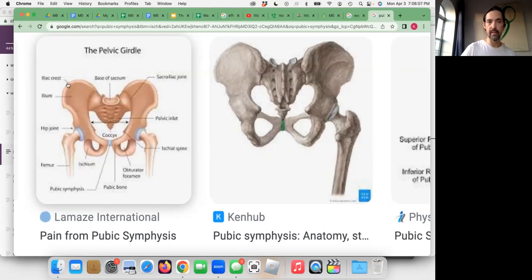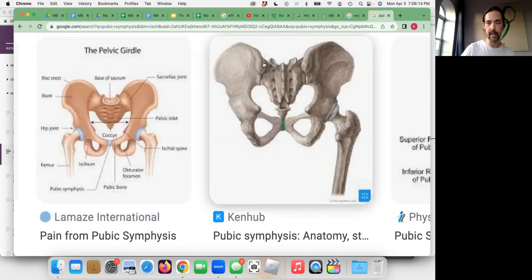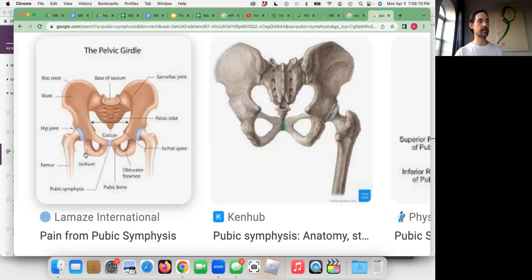On the top, you have the ilium, which has the iliac crest, anterior iliac crest and posterior iliac crest. And then on the bottom, you have the ischium, like the ischial tuberosity, also the sit bones. So it's the two ilia on the top, and the two ischia on the bottom, ilium and ischium singular. And then joining the two ischia together is the pubic symphysis.